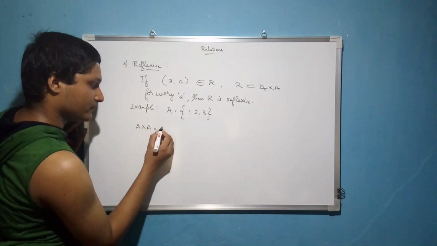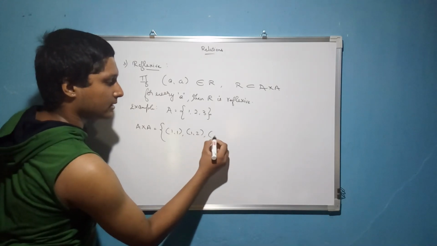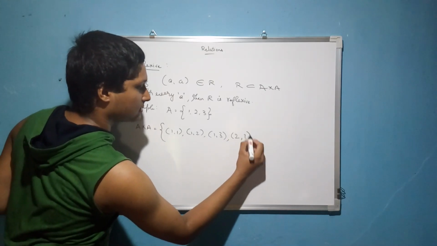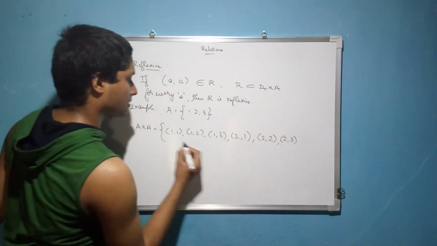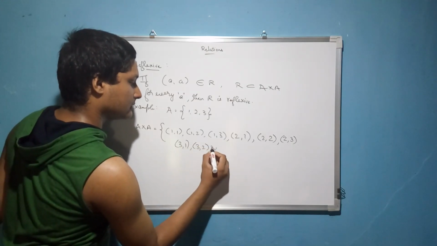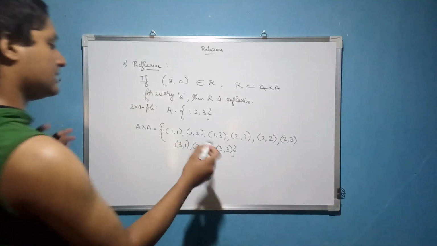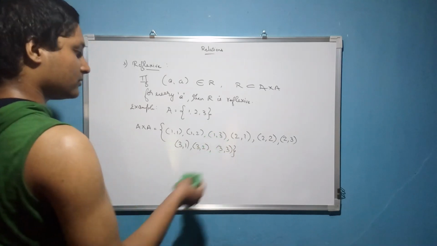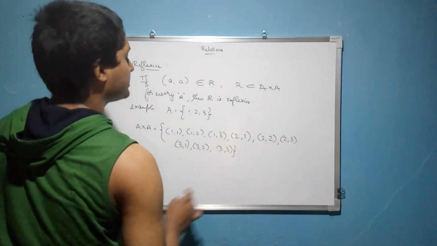A cross A is equal to the set {(1,1), (1,2), (1,3), (2,1), (2,2), (2,3), (3,1), (3,2), (3,3)}. Here there are 3 elements, so 3 into 3, 9 terms will be there: 1, 2, 3, 4, 5, 6, 7, 8, 9 terms are there.